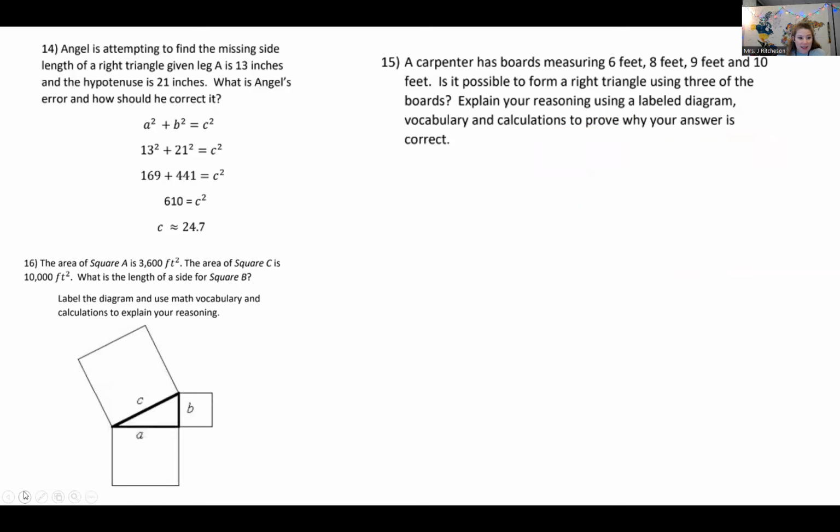All right, number 16, the area of square A is 3,600. So the area of this square is 3,600. The area of square C is 10,000. The question is, what is the side length of B? Okay, so A squared is 3,600. That is the area of A. And we know that the area of C, so C squared, is 10,000.